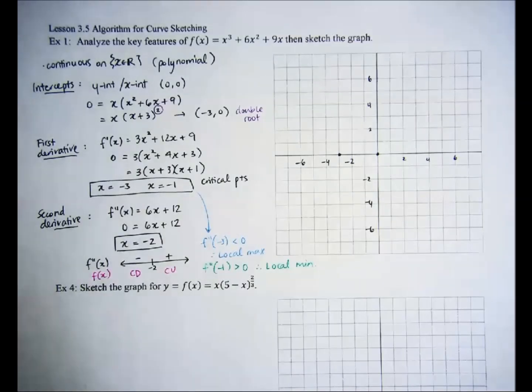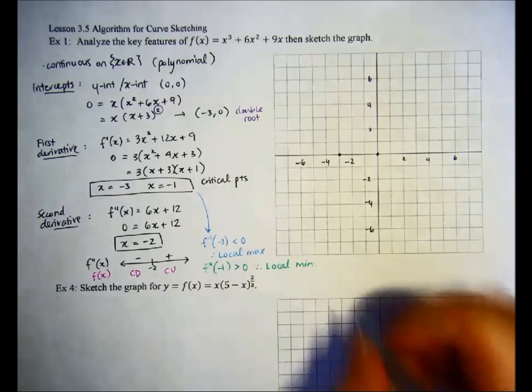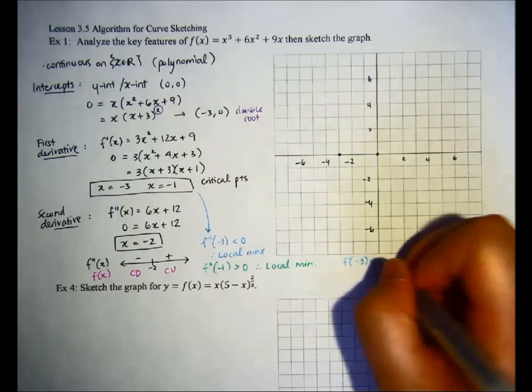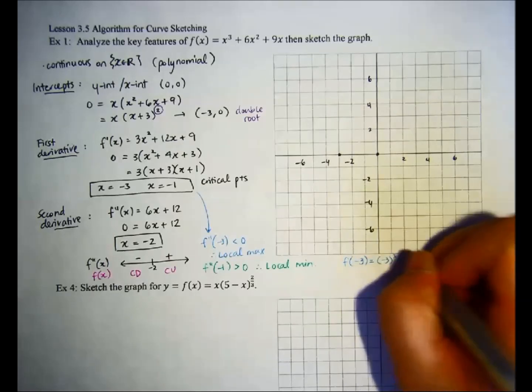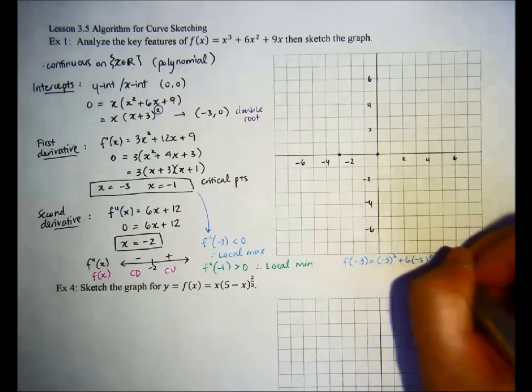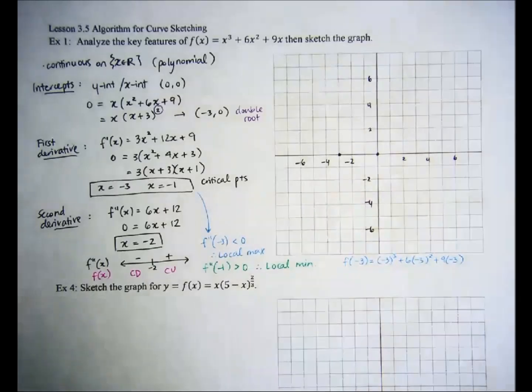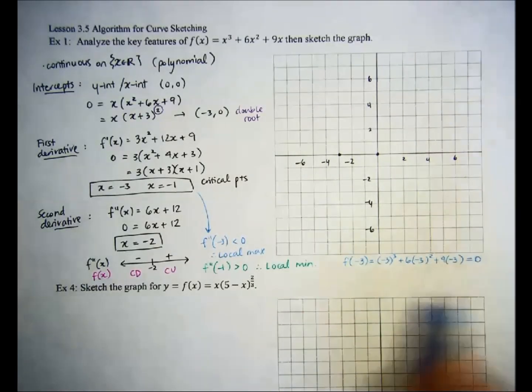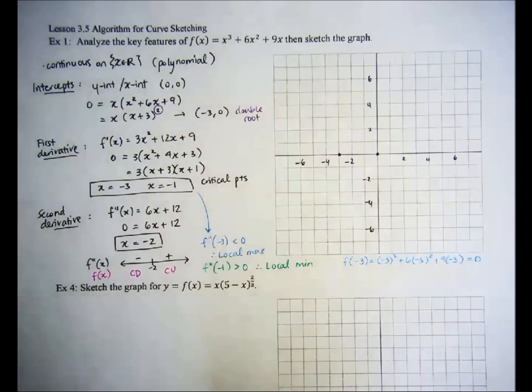And to figure out the actual y-coordinates of those points, you're going to have to plug them into the original function. So f of -3 would equal -3 cubed plus 6 times -3 squared plus 9 times -3. So when you do the work, it should equal, let me see here, it should equal 0 because we already figured that out here, -3, 0. Okay?